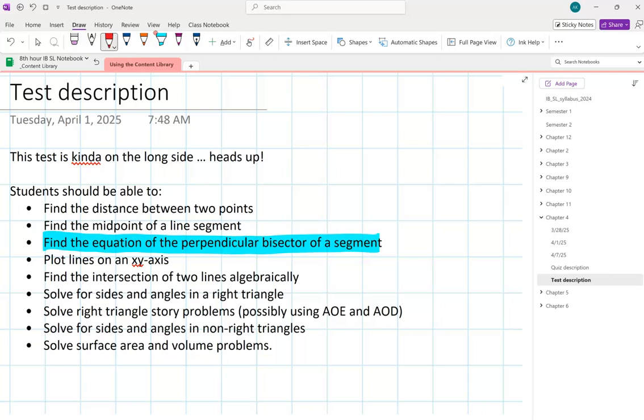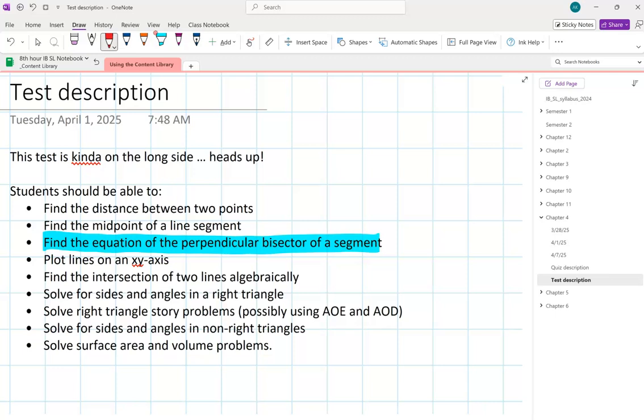A lot of us didn't have it go through the midpoint. The perpendicular bisector needs to pass through the midpoint. I passed back your quiz. You can look. I saw it happen. That was the most common mistake on that problem. You should be able to plot points on an XY axis.